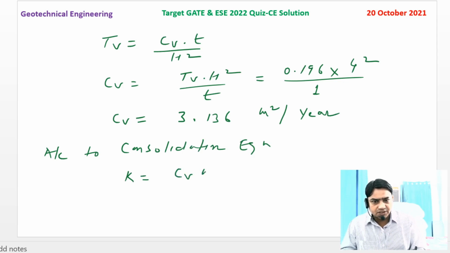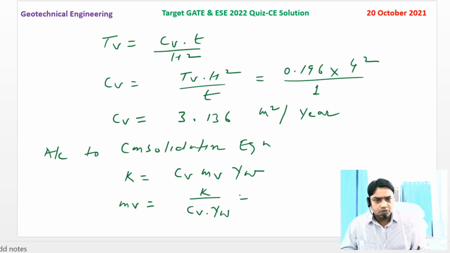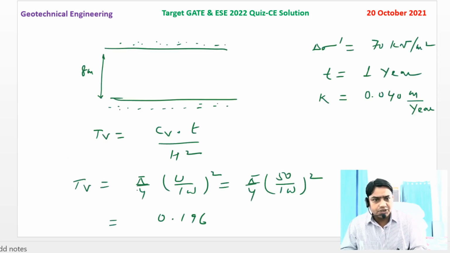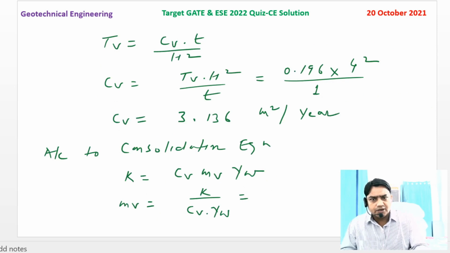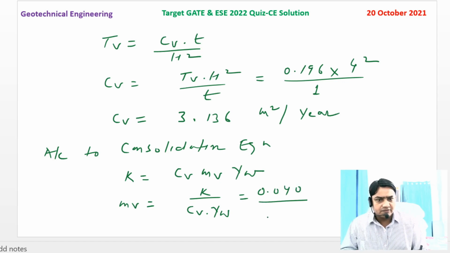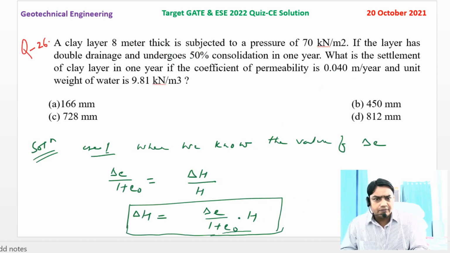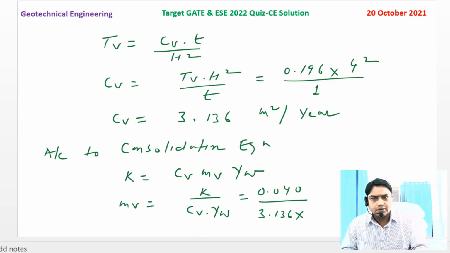K is equal to CV into MV into gamma W. So MV is equal to K divided by CV into gamma W. Permeability is 0.04 meter per year, divided by CV, which is 3.136, into gamma W, which is 9.81 kilonewton per meter cube.